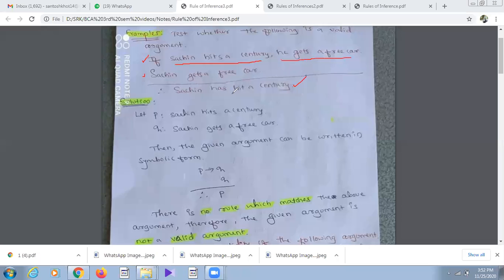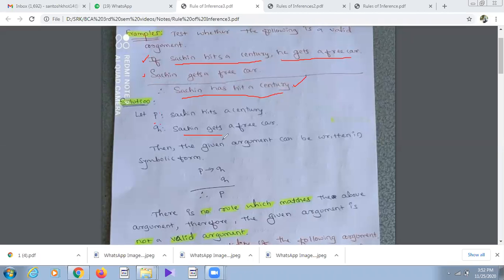So we denote the first as P and the second as Q. Again, Sachin gets a free car is already denoted, so ignore it. Next, Sachin has hit a century is already denoted as P, so ignore this sentence. So we identified two primary statements in the whole argument, P and Q.